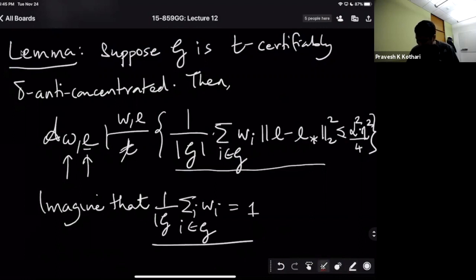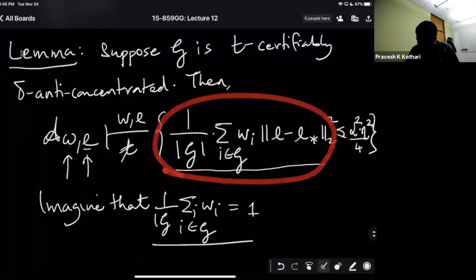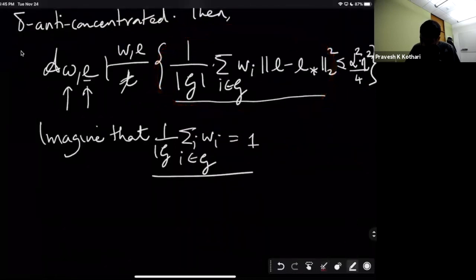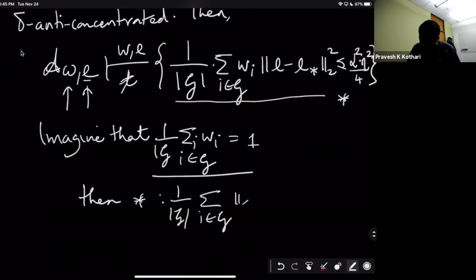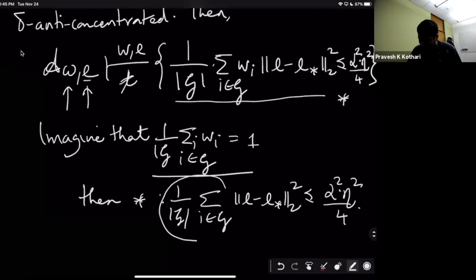Then this inequality simply says that the average over all possible equations in that case looks very good. It says that L is close to L star. That's what it says, because this is nothing, this is simply 1.